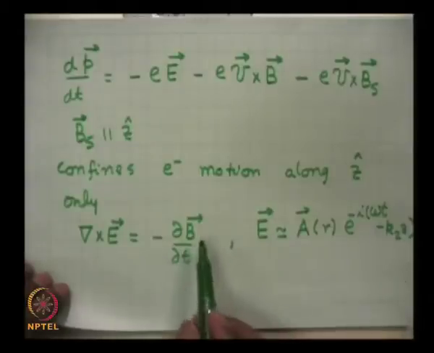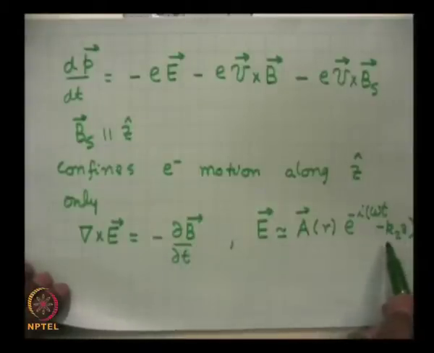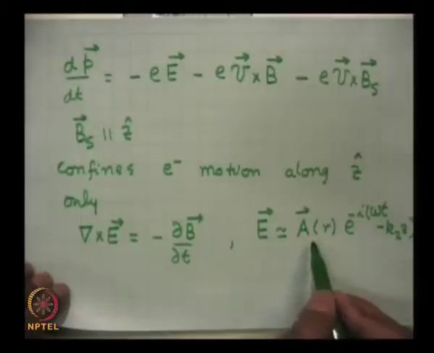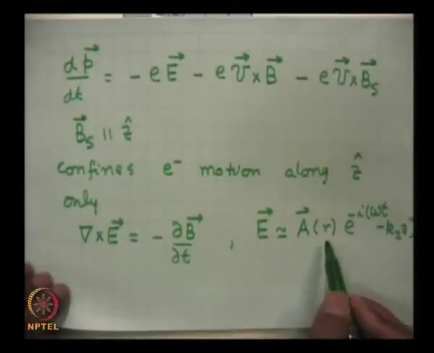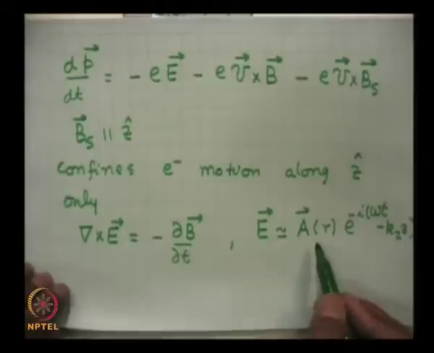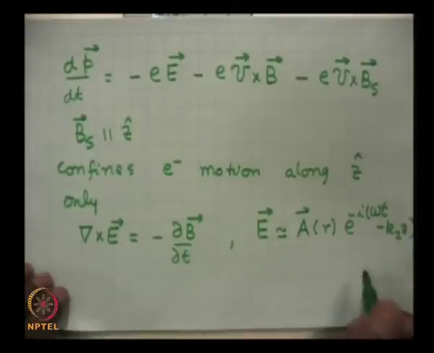So, I am presuming my wave to be traveling in the z direction with some phase variation like this, but the amplitude may not be uniform inside the waveguide, it may depend on r. It may also depend on the azimuthal angle phi, but I consider only the azimuthally symmetric mode. So, I ignore the phi dependence.